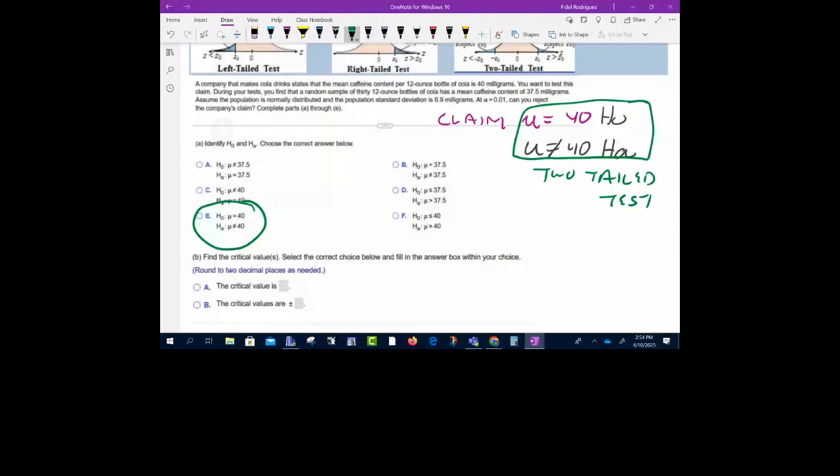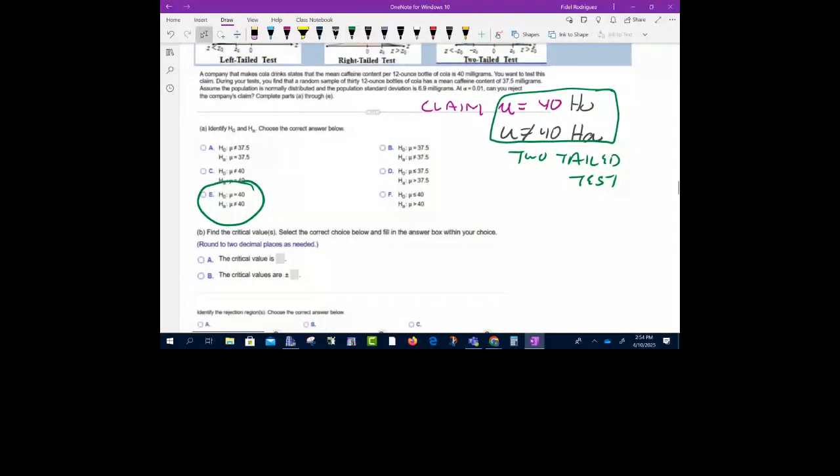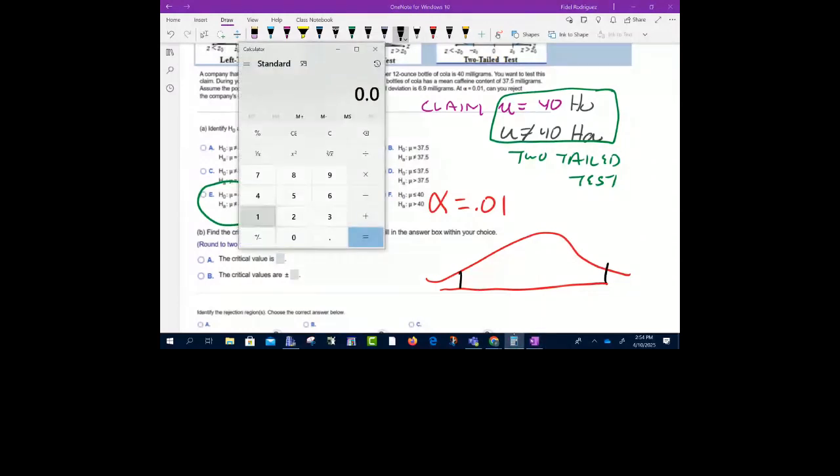Okay. Now, I'm going to show you guys something. I'm going to draw a picture here, y'all. There's my normal curve. I know it doesn't look all that great, but that's just how I draw. Okay. Y'all, look at this case. My alpha was 0.01. What we need to do is take that number, 0.01, and cut it in half.